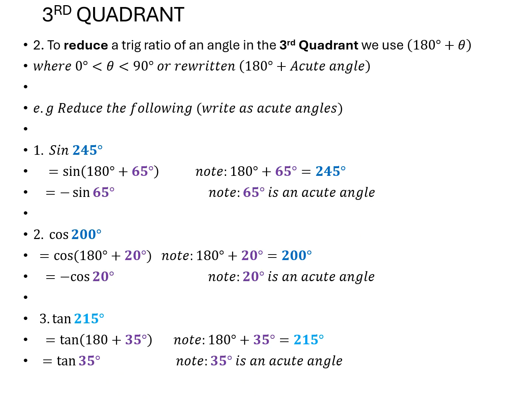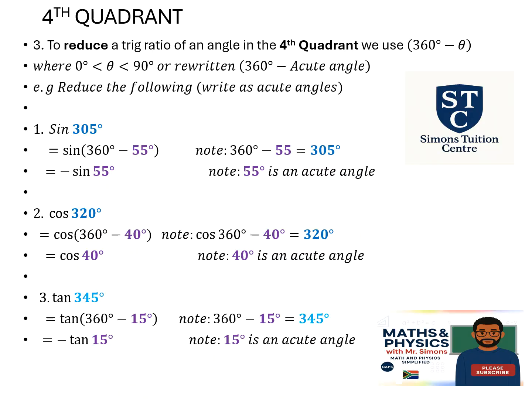Now let's look at the fourth quadrant. To reduce the trig ratio in the fourth quadrant, you use 360 minus theta. Theta is an acute angle, and the fourth quadrant is 270 to 360 degrees. So sine 305 degrees is the same as saying 360 minus 55, which gives me 305.